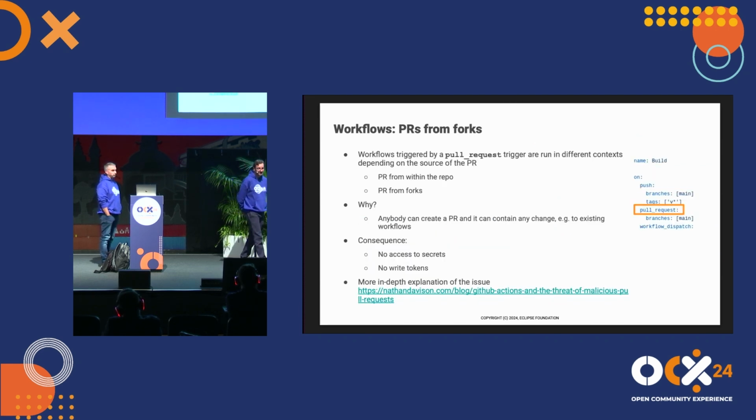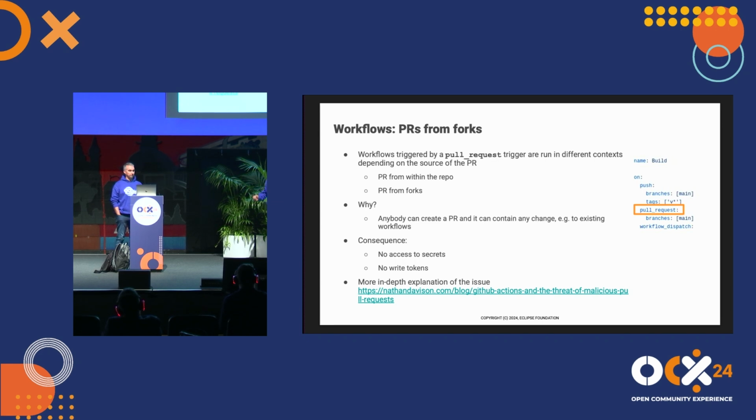Another thing that I would like to mention and discuss a bit today is PRs from forks. I guess everybody has created a workflow that runs automatically if a pull request is being opened and does some fancy stuff. And then the first time you receive a pull request from a fork, this workflow doesn't work anymore.